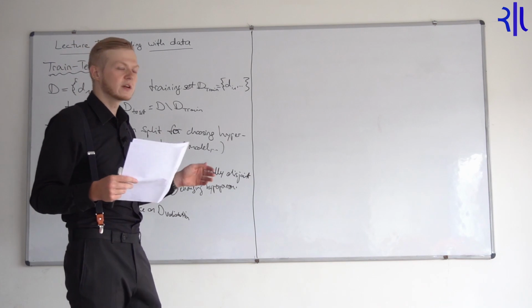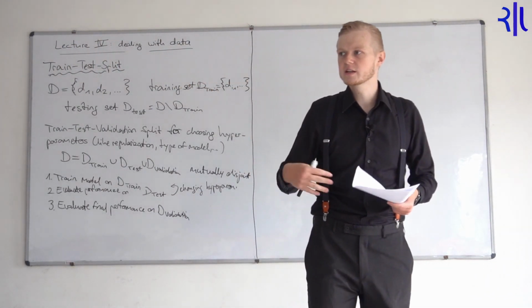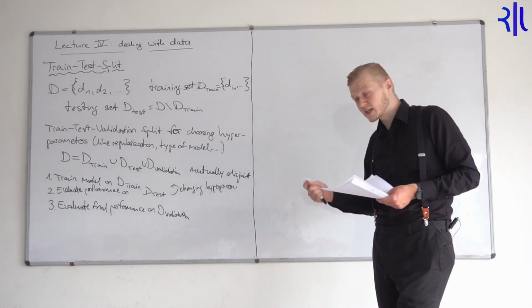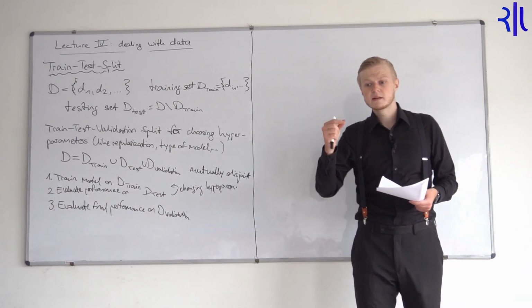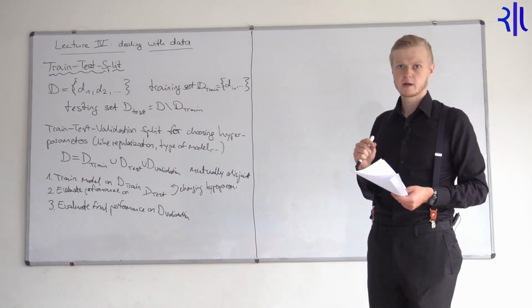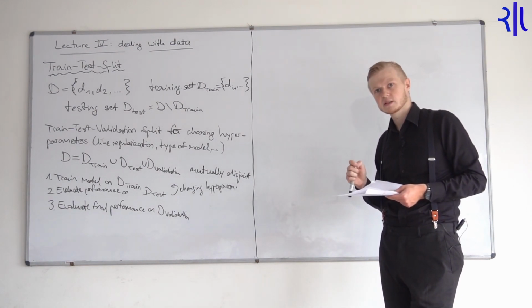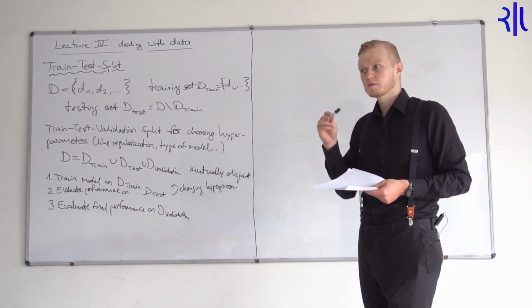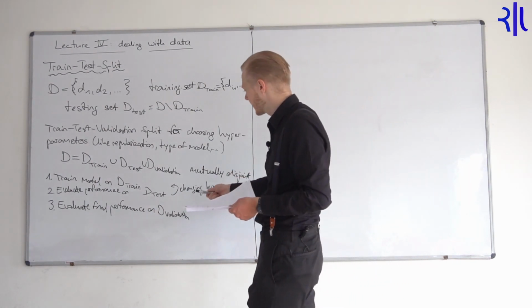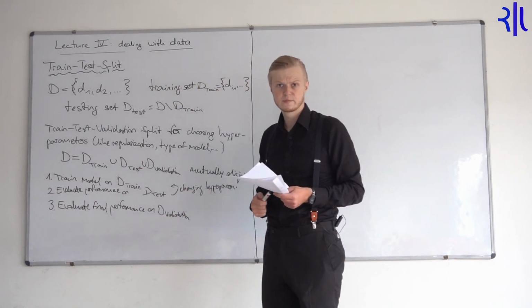Now, there's another problem. If we repeatedly go through this loop of saying we train on the training data, we evaluate on the test data, and we then tweak the model because we're not satisfied with its performance on the test data, then we might poison the well in some sense, and we might still overfit the model to the testing data because we have here the feedback loop from step 2 to step 1.